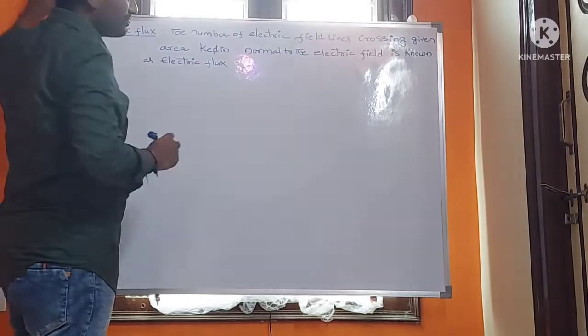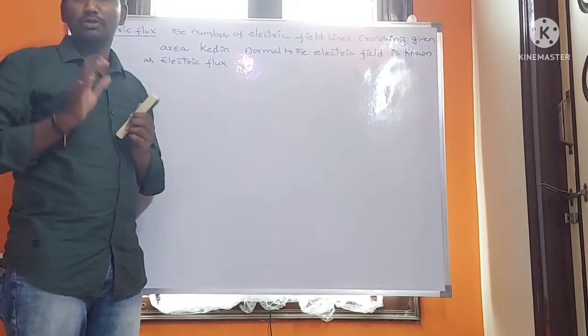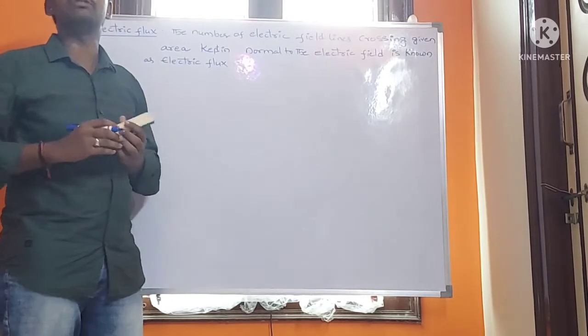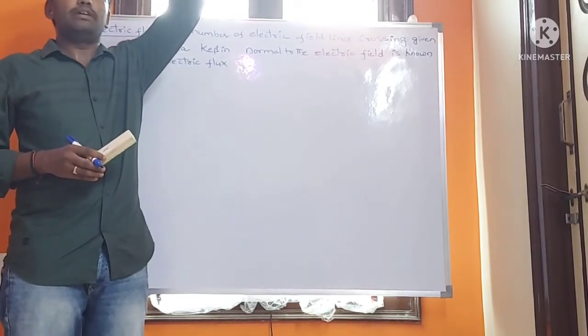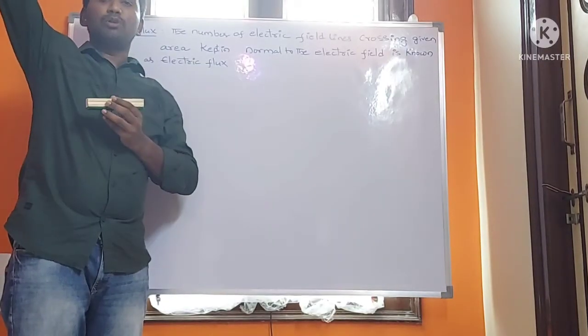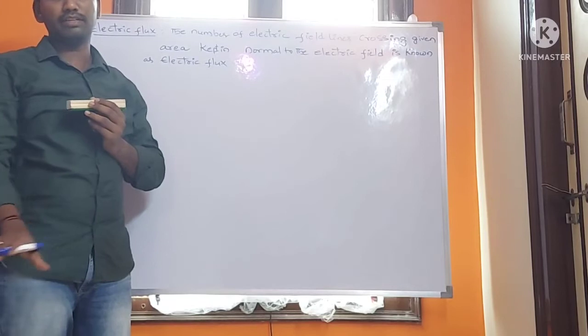For example, you already know that electric field lines start from the positive charge and end on the negative charge. For example, the ceiling of our room is taken as the positive charge, and the earth, the floor, is the negative charge.